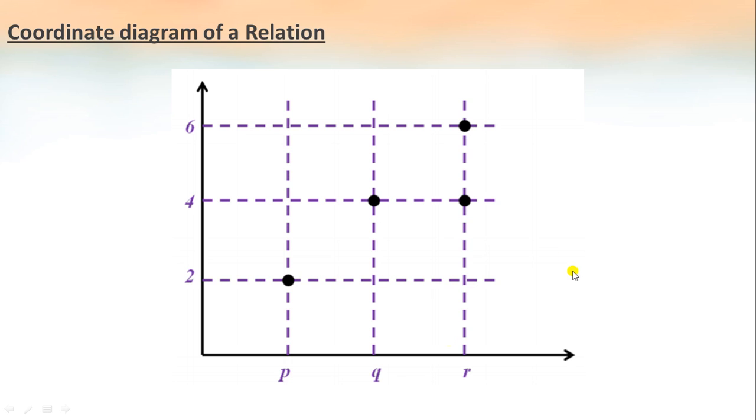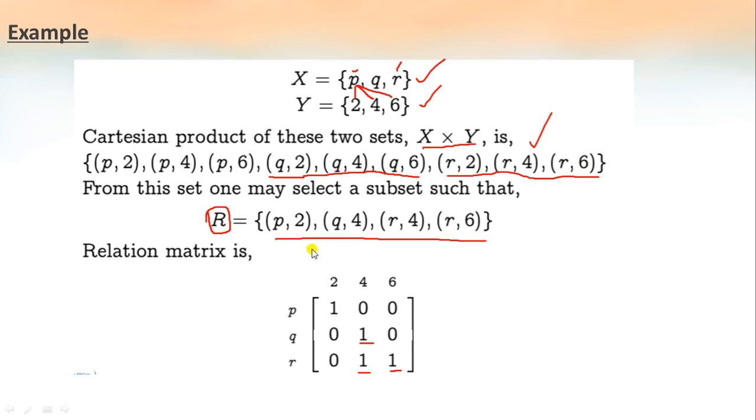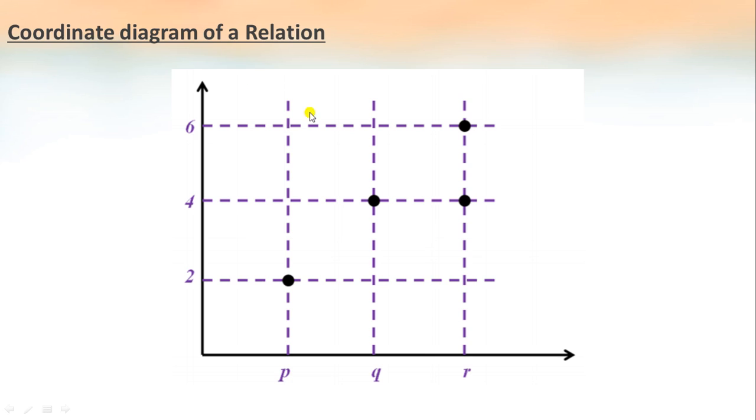This is the coordinate diagram of a relation. So this R is our relation and it has 4 ordered pairs. For all these 4 ordered pairs, we will represent them in the coordinate diagram. We have on our x-axis P, Q, R, that is the elements of set X, and 2, 4, 6, the elements of set Y. And we have (P, 2) in our relation, so we will mark it over here.